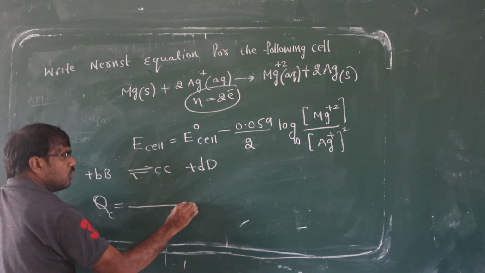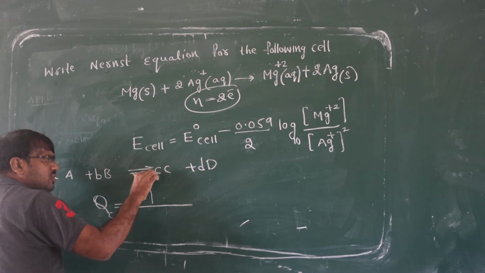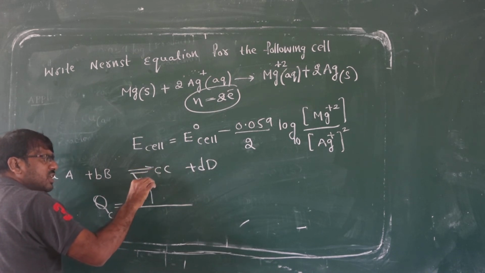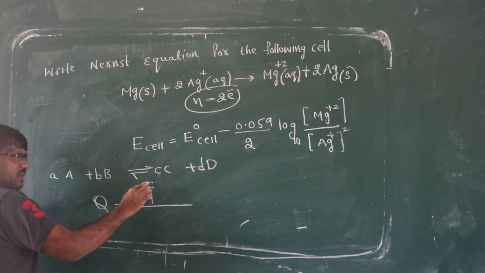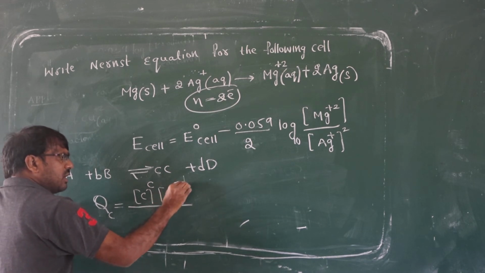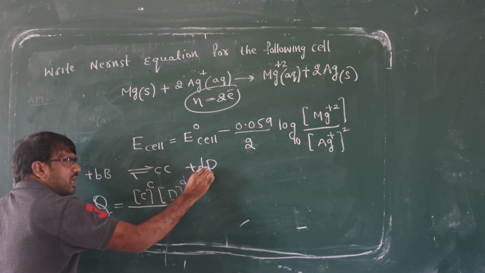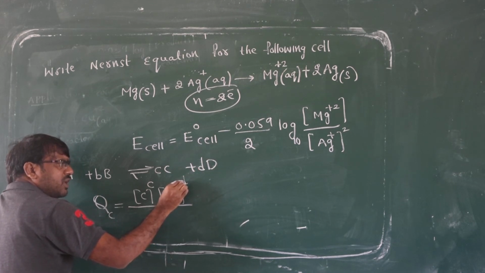Qc is equal to the concentration of C, and the stoichiometric coefficient in front of it comes as its power: concentration of C power c. And the concentration of D power d we have to take. In front of D, small d is there, that's why we take power d.